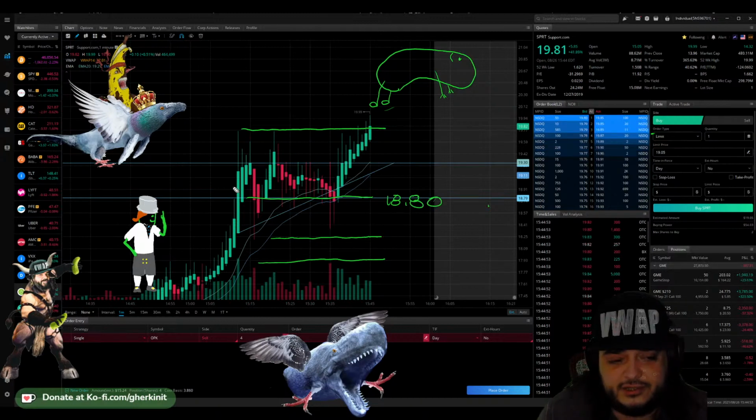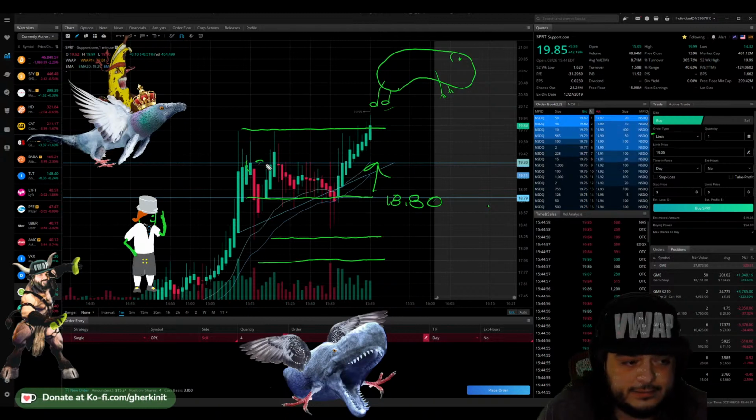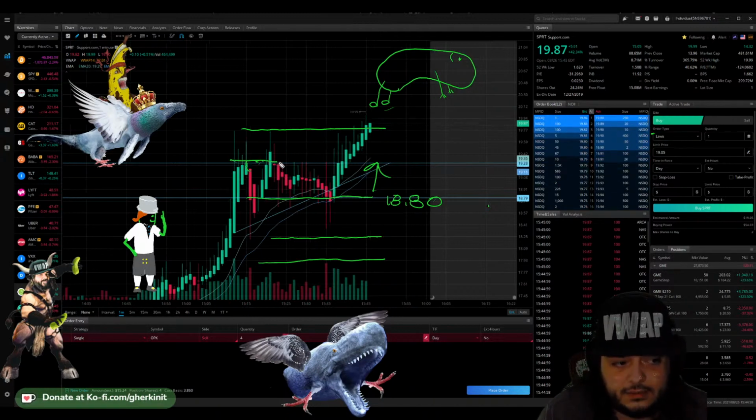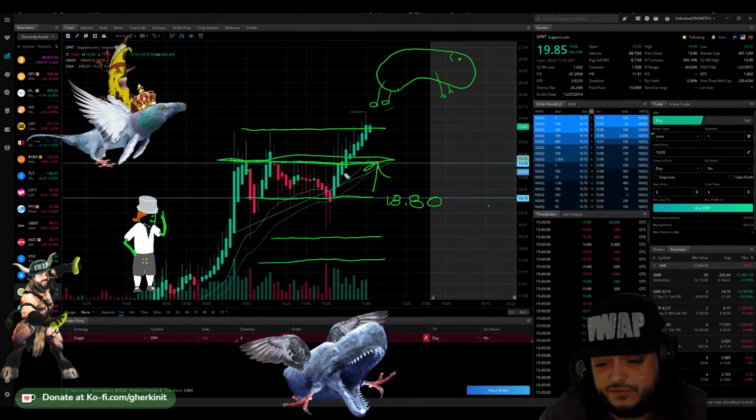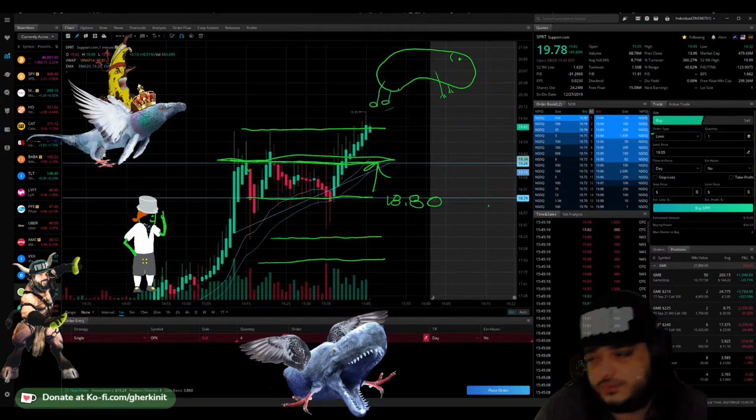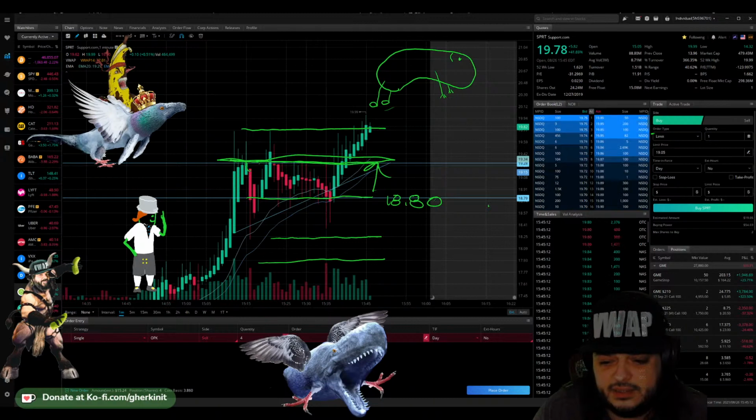This is a very conservative approach. You can also move it up to 1930, as we have broken out from that trend. And you can just follow it, right? And then when it falls through, you sell some, and then you just wait and keep doing this.